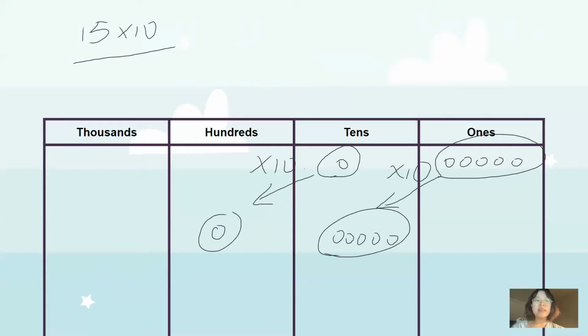What is 10 times 10? That is 100. And what is 5 ones times 10? 5 tens. And what is 15 times 10 equal? That is 100 plus 50, which is 150.